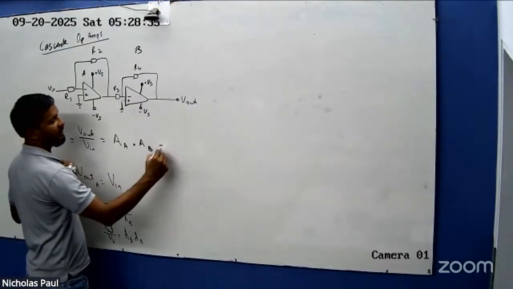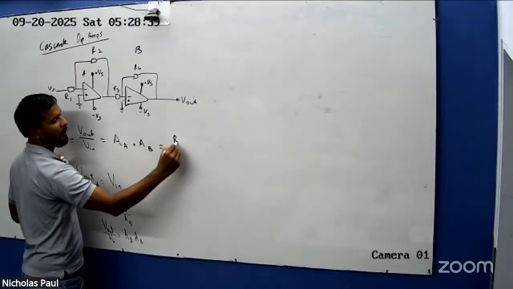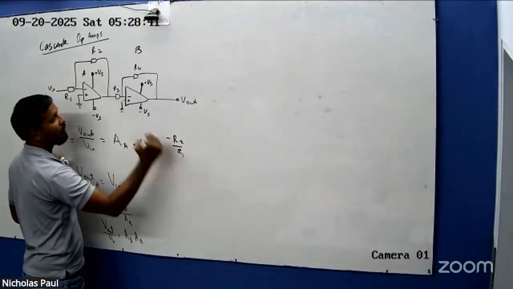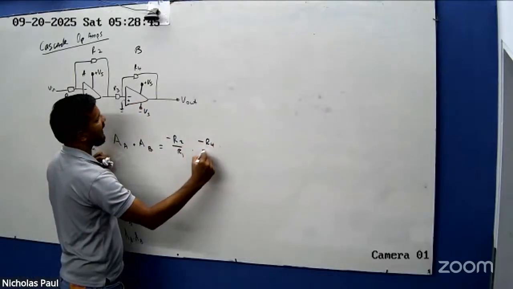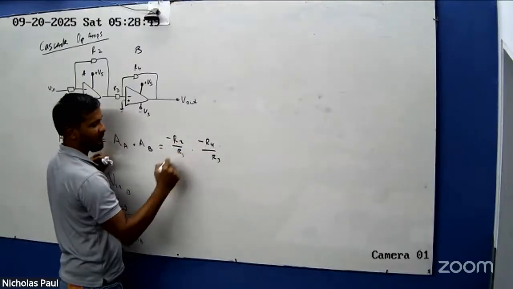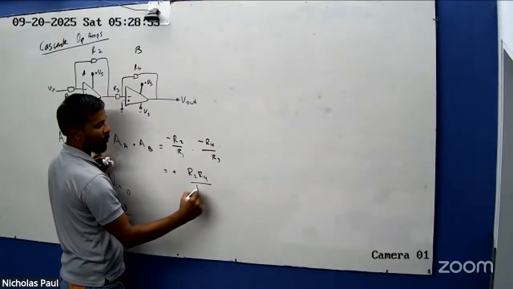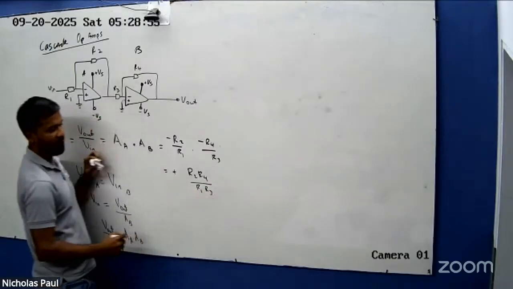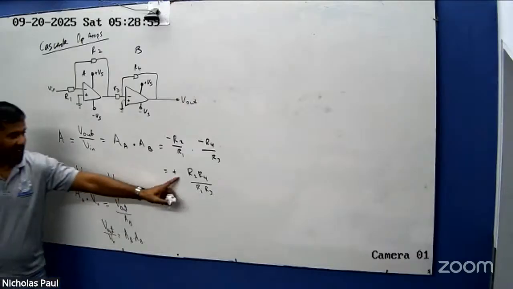And just to remember, what's the gain here again? Minus R2 on R1. What's the gain here? Minus R4 on R3. Minus will cancel that. So again, positive R2, R4 over R1, R3. You recognize that the final phase is positive.